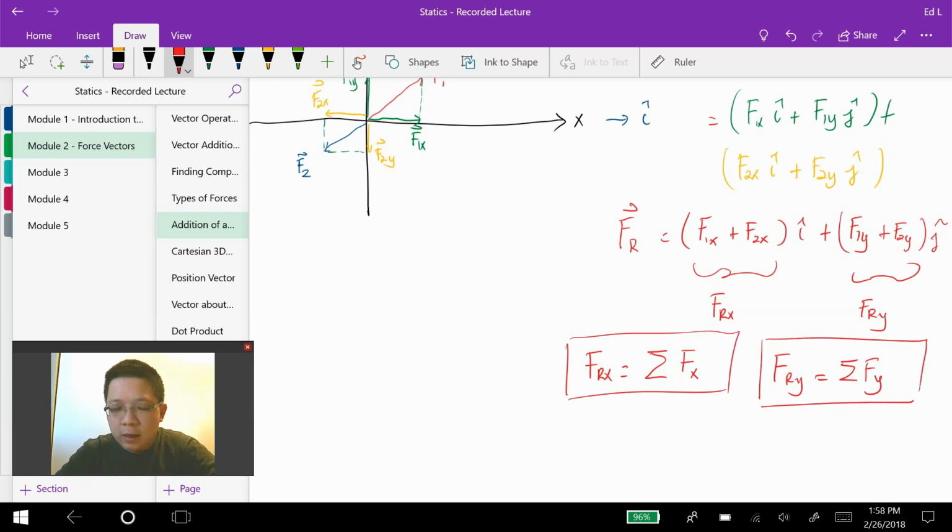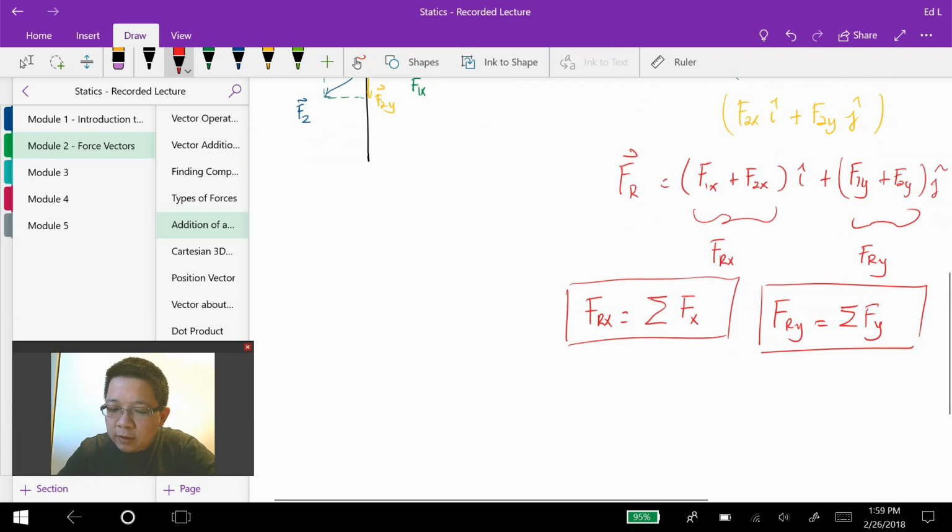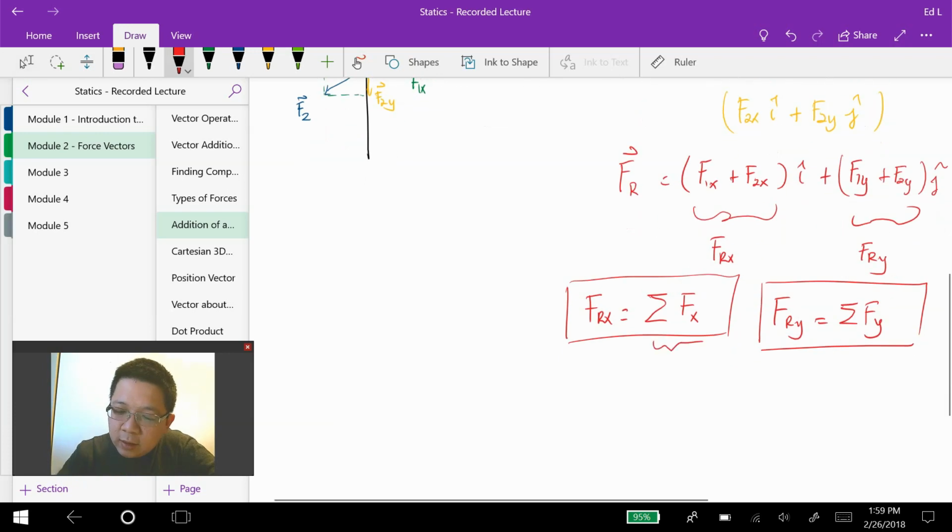So what does it mean? It means that if we have more than two force vectors, let's say three or four, then these expressions will become F1x plus F2x plus F3x, for example, and here F1y plus F2y plus F3y.